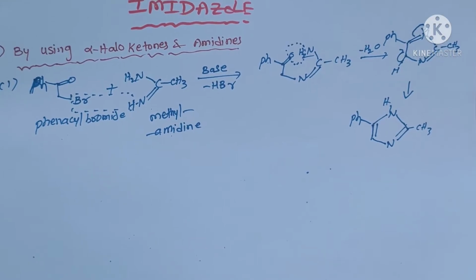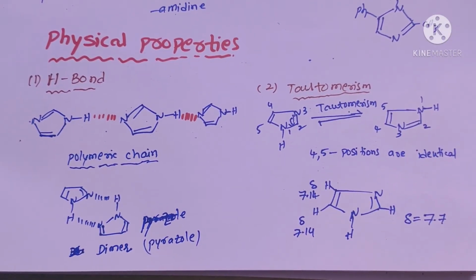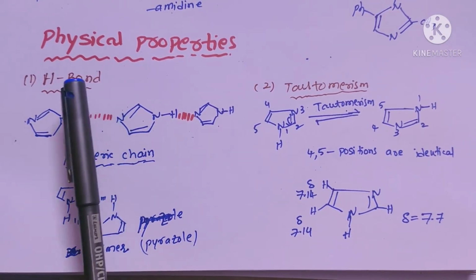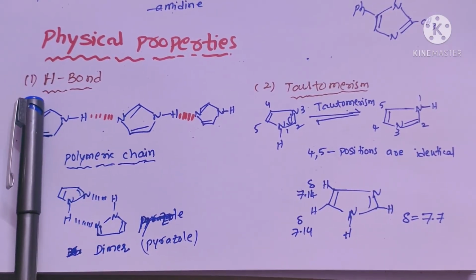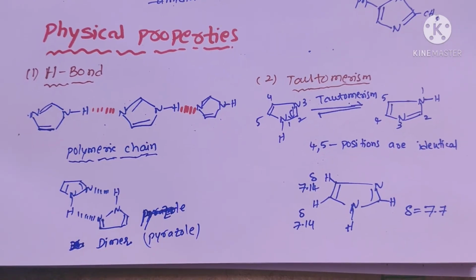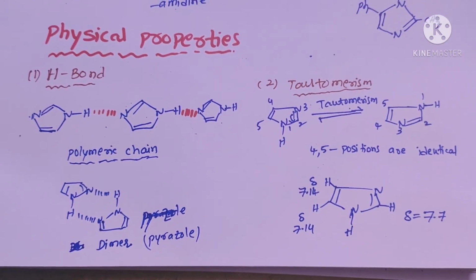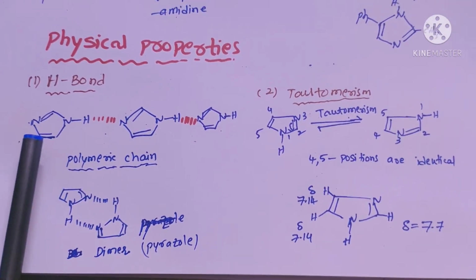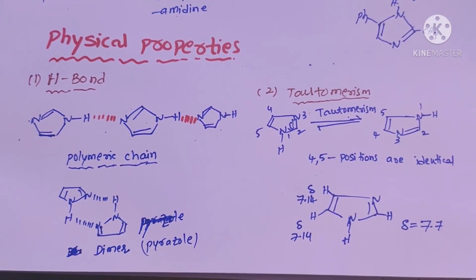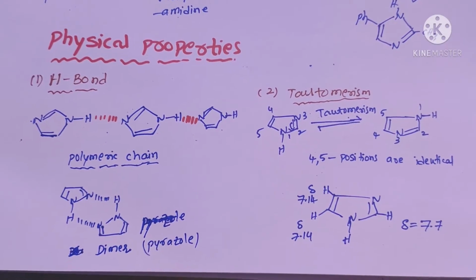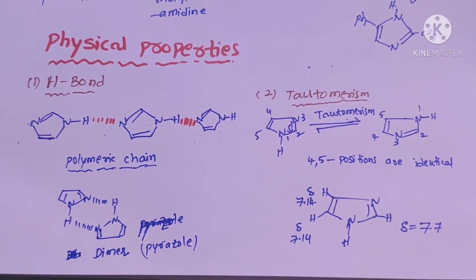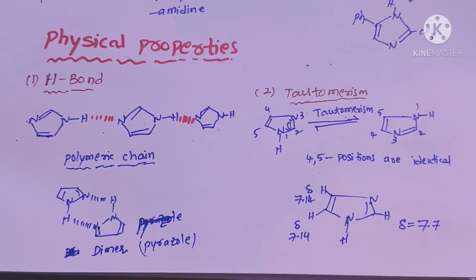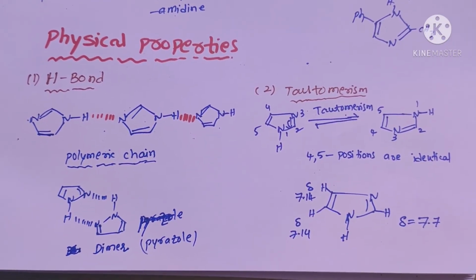Now we study the physical properties. Under the physical properties, we study 2 points. First one is about the hydrogen bond, and the second one is tautomerism. Here, in imidazole, due to the formation of hydrogen bonds between the molecules, these molecules exist as polymeric chains, whereas pyrazole exists only as a dimer.